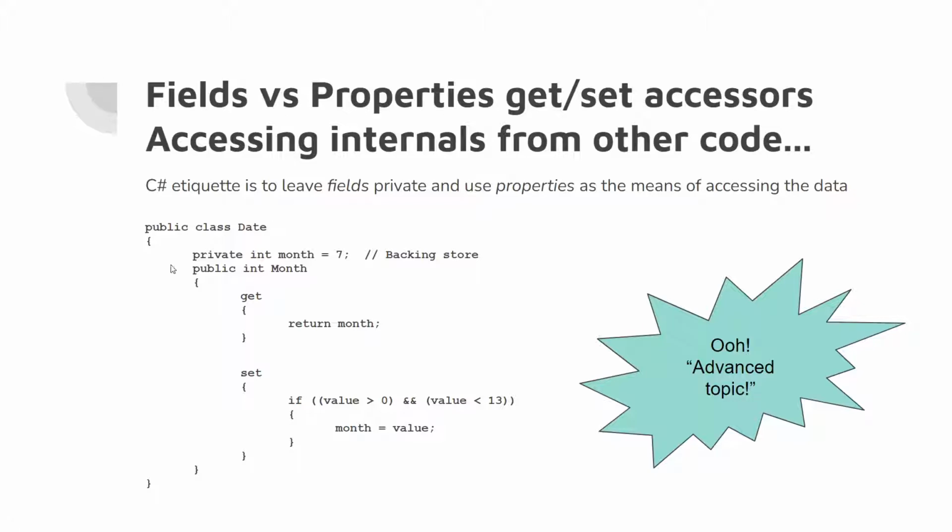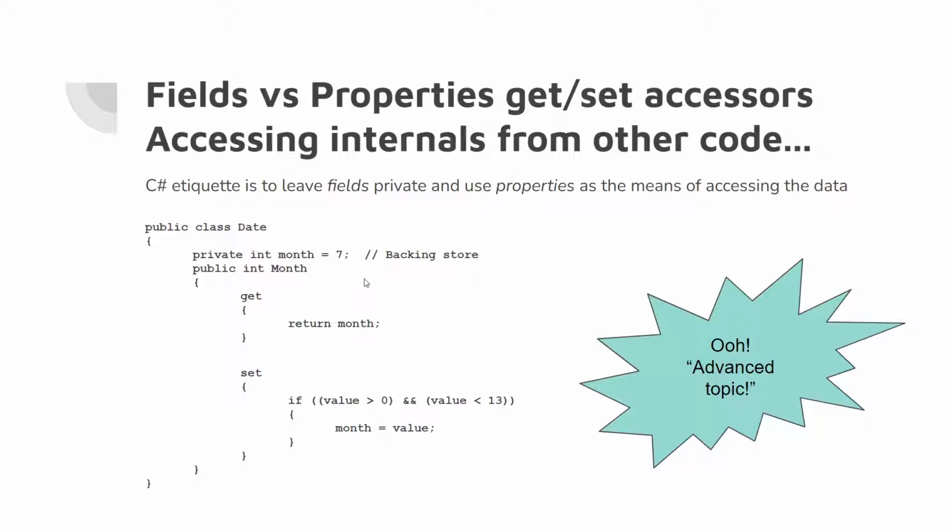And we have a special C# etiquette that can help us leave fields private and use properties as public interfaces. So this combination of public and private is sort of an advanced topic. What this is doing is saying, I have a class that's a date. Imagine you wanted to have a date, and part of the date was the month.